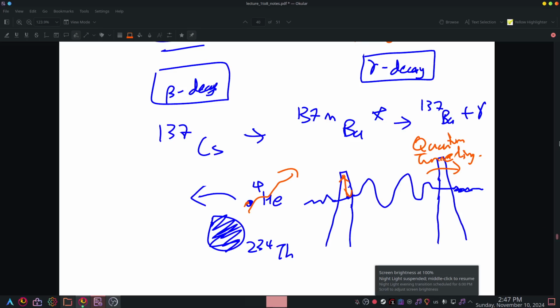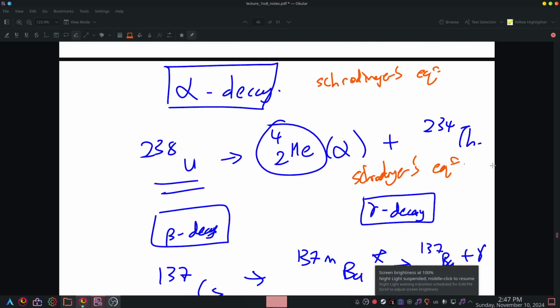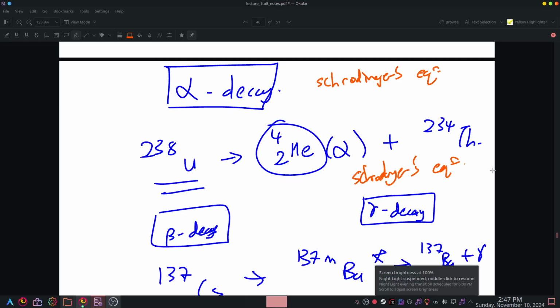So that's the conceptual way of explaining these things. Alpha decay can be explained or conceptualized via quantum tunneling. Both alpha and gamma, you can use Schrodinger's equation as a mental framework to think about. For beta decay, it is its own special thing.